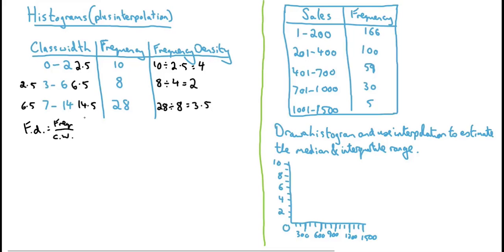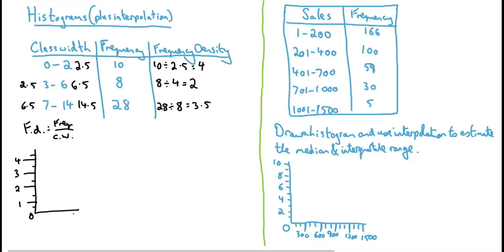Now that we have our class widths and our frequency density, we can draw up some axes. So the highest frequency density that we have is 4, so we have to at the very least get up to there. So let's say we go up in halves because we are going to have a 0.5. So 0.5, 1, 1.5, 2, 2.5, 3, 3.5, 4. And you can go up a bit further if you so wish.